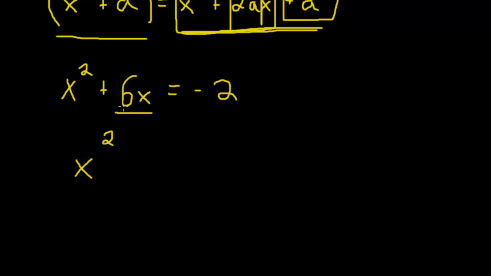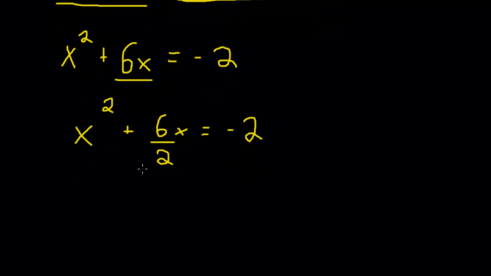Since 6 is comprised of 2a, to find a, you divide 6 by 2, right? So 6 divided by 2 is 3. And now we have x squared plus, it's still 6x, because it's comprised of 2 times our a value.